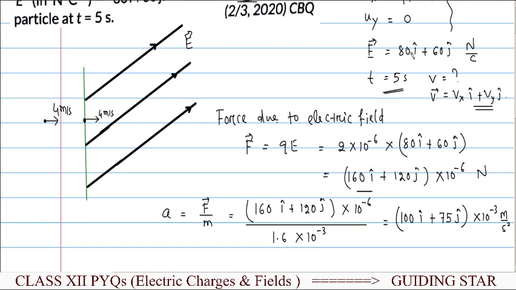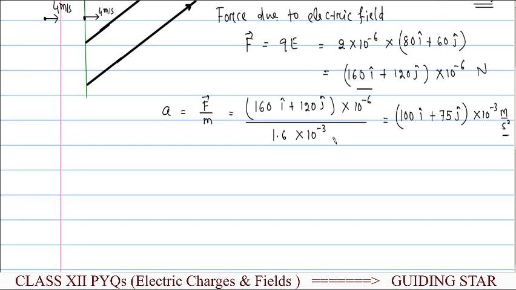As we have already taken SI units, finally we can directly write, no need to check the unit. So here the acceleration we are getting is this much. The x component of acceleration is 100 into 10 to the power minus 3 meter per second square, and acceleration along the vertical direction is 75 into 10 to the minus 3.